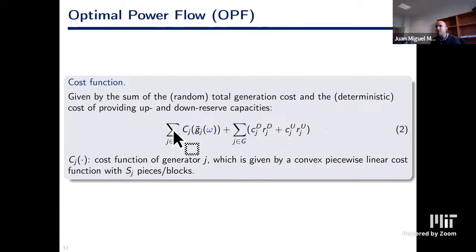Regarding the OPF objective function, the aim is to minimize the random total generation cost, plus the deterministic cost associated with the provision of the reserve capacity, downward and upward. As I mentioned before, the generation cost of a conventional power plant is assumed to be given as a convex piecewise linear cost function with SJ pieces or blocks.